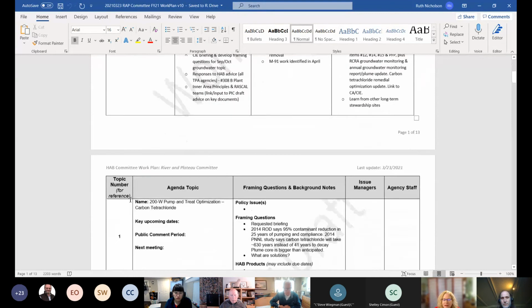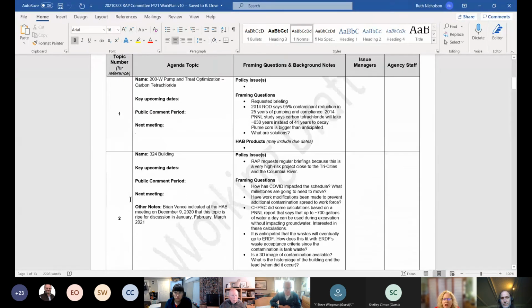And then each topic has its own little space where it's got framing questions, a name, upcoming dates, public comments, products that the board thinks it wants to produce around it. Products can be advice, white papers, sounding boards, those sorts of things.